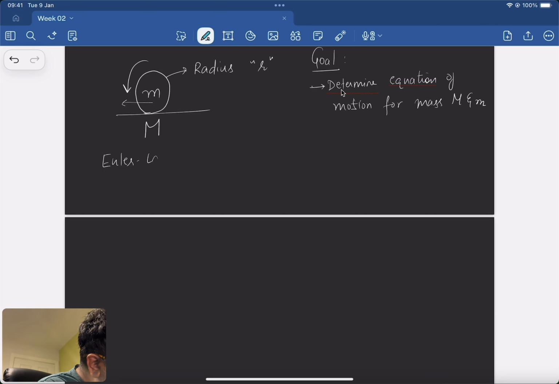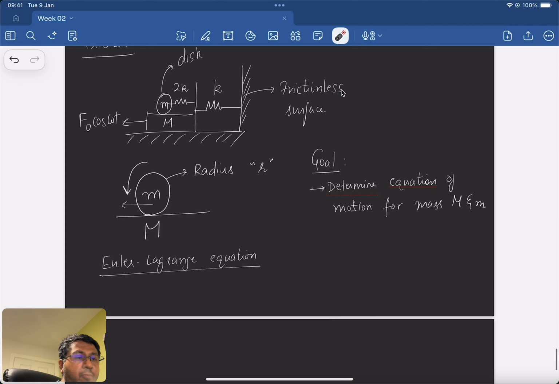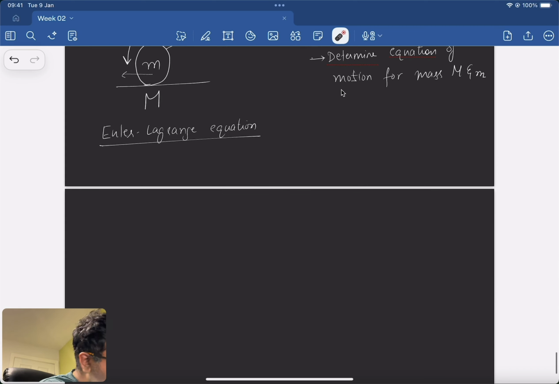Let's just remind ourselves of our Euler-Lagrange equation. The second thing is that we have some external force acting on the bottom mass. In the last problem we did not have any external forces acting. Now we have some external excitation force acting on the bottom mass, which we also need to consider.